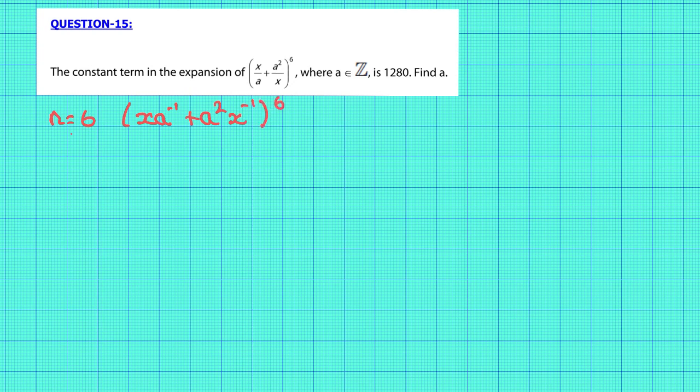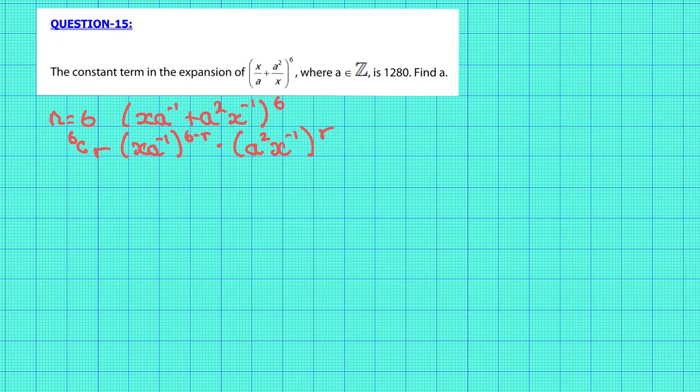So you can write 6 choose r, x a to the minus 1, 6 minus r, a squared x to the minus 1, to the r.